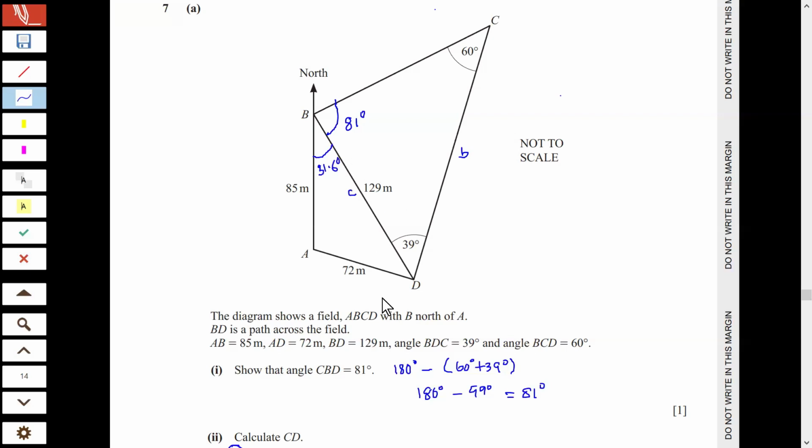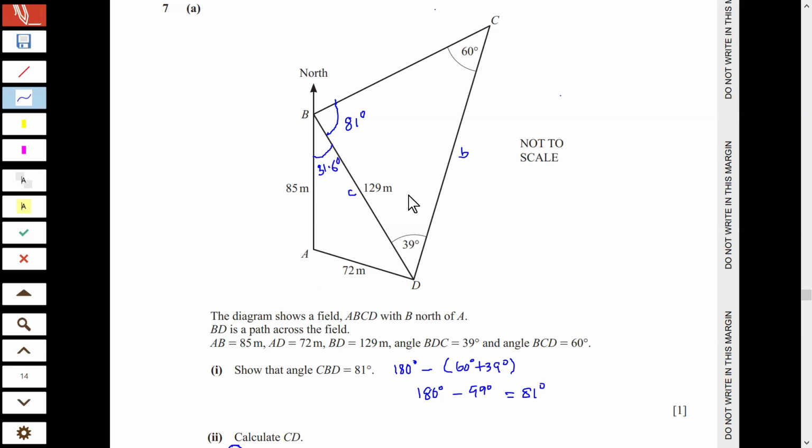First, let's see what is given. Considering triangle ABD, all three sides are given. So to prove this, we have to apply the cosine rule.